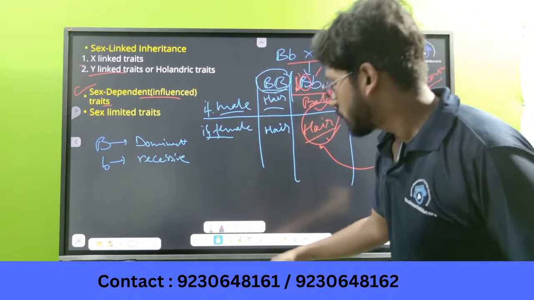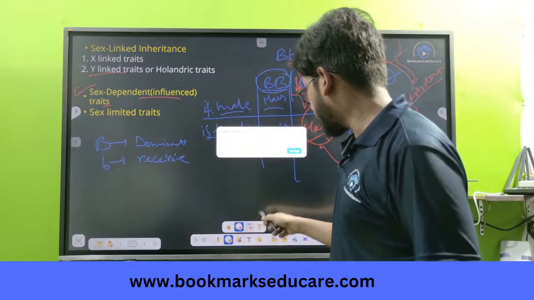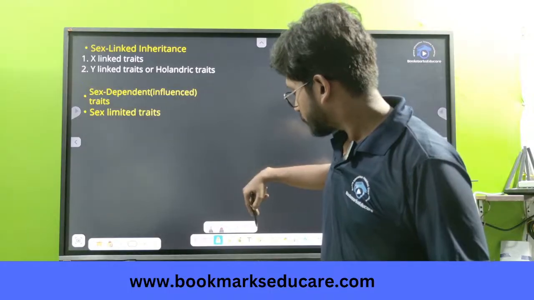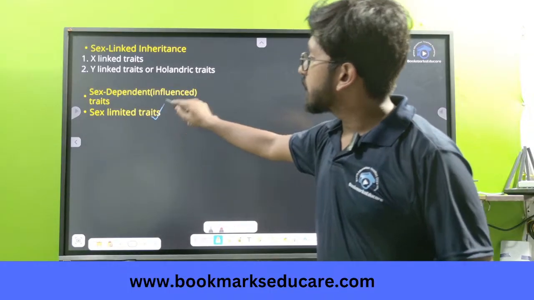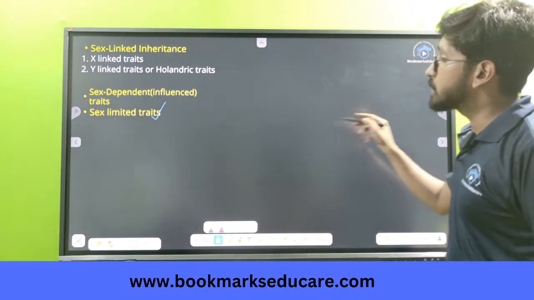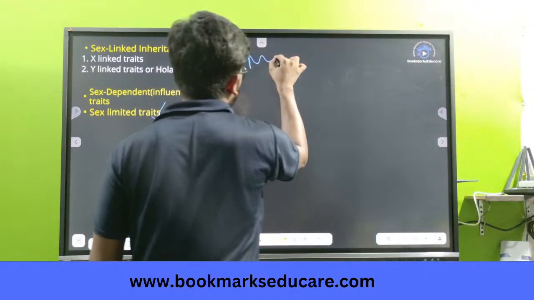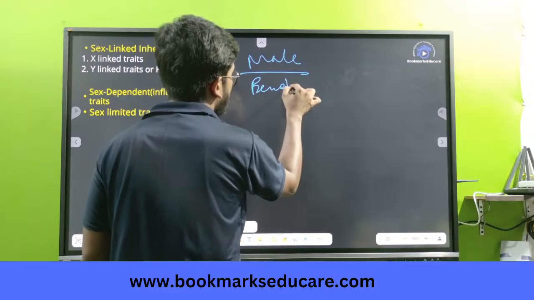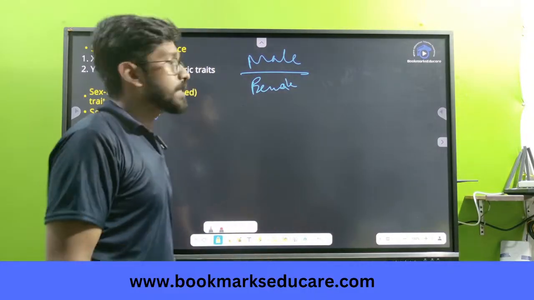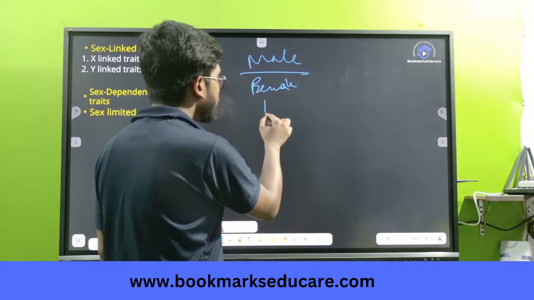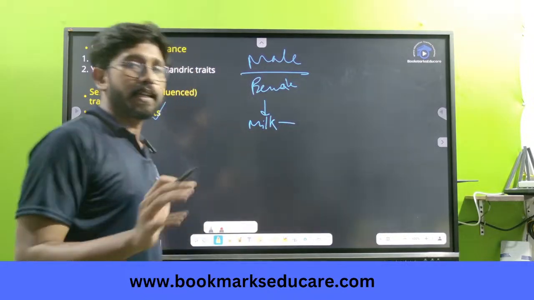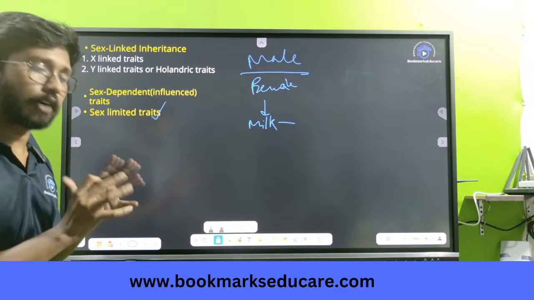Okay, let's see the other part. Now, sex limited trait. Sex limited trait means it is limited to one sex, male or female, only one of them will have it. For example, the ability to produce milk through the mammary gland is only possible for female.